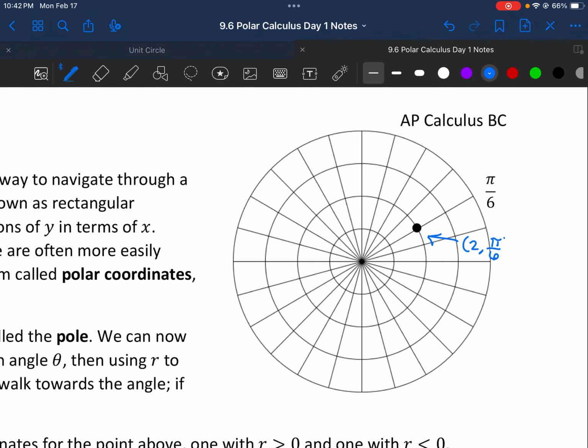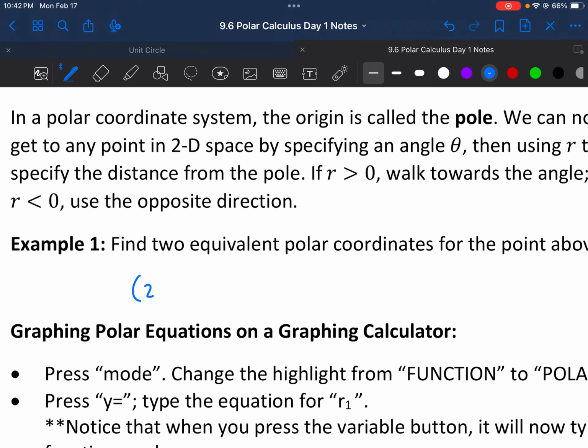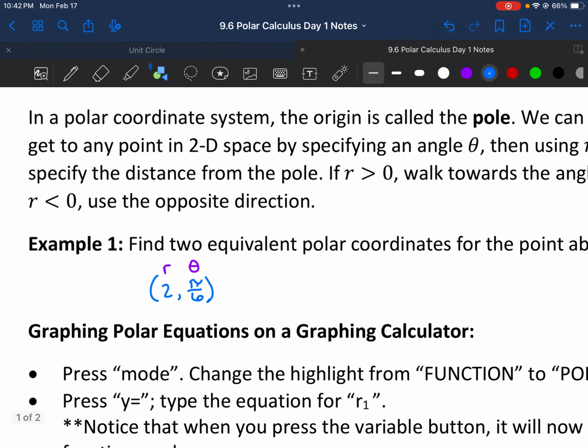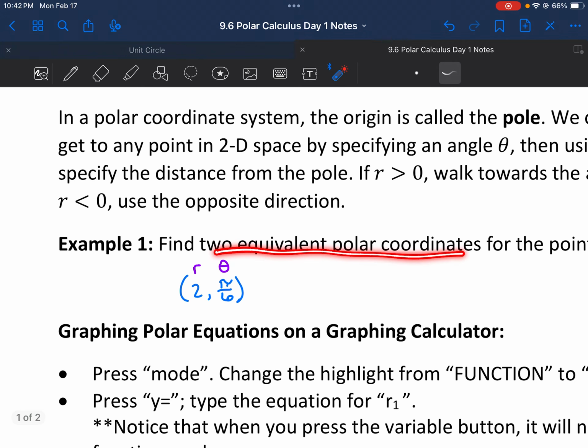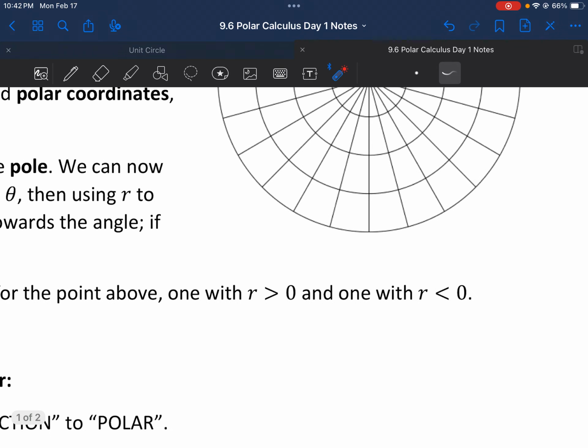So one way for us to represent this point is we could say 2 comma pi over 6. Okay, this is our r, this is our theta. Now it says we want to have two equivalent polar coordinates. One where we use a positive r, one where we use a negative r.